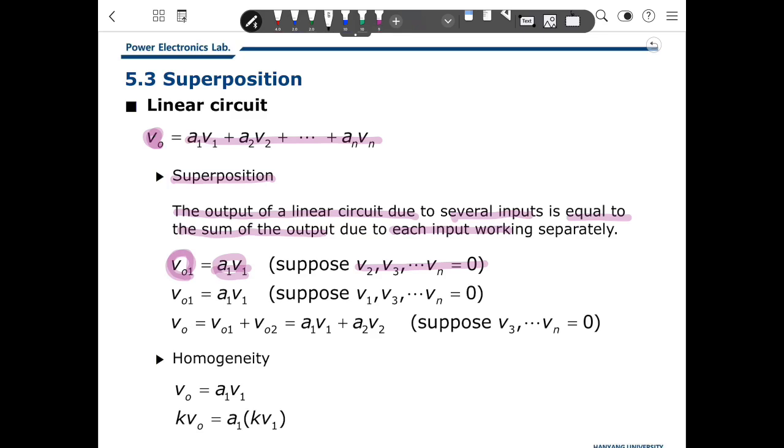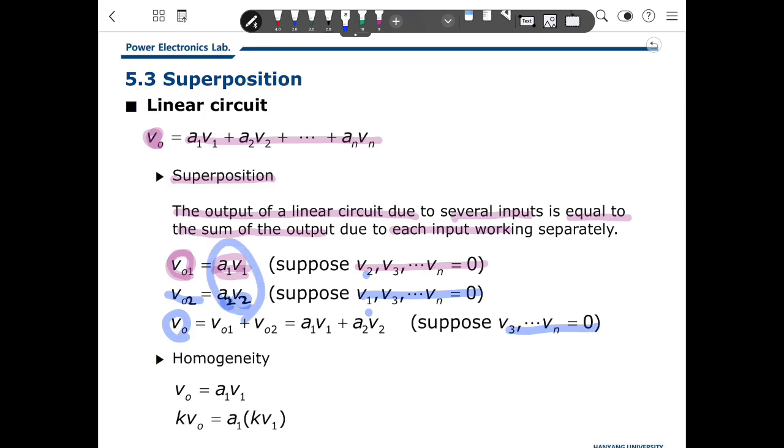And this is a typo. This is 2 here. If the second input is not 0 and the other input is 0, then that result will be VO2. And if inputs 1 and 2 are both not 0, then VO is the same as the sum of the two values.